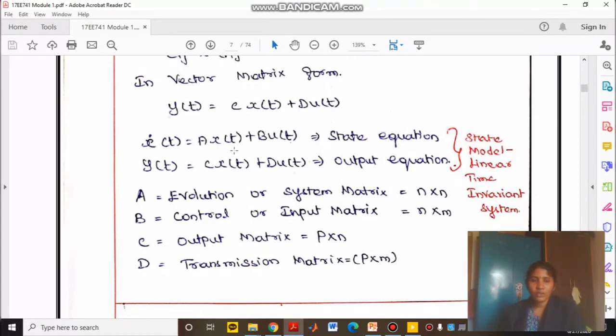And also we know that the constants associated with the state equation are A and B, and the constant coefficients associated with your output equation y of t are C and D, where A is nothing but your evolution matrix or system matrix, B is your control or input matrix, C is your output matrix, and D is your transmission matrix.